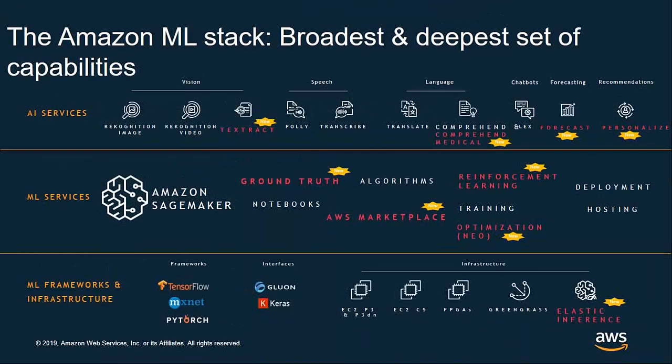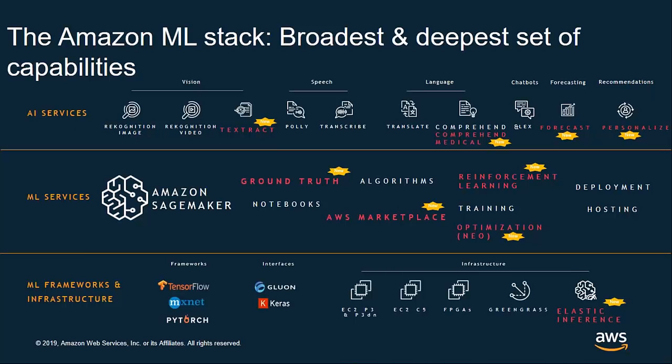Let's first start by understanding the various machine learning capabilities in AWS. Our goal is to put machine learning in the hands of every developer and data scientist. And as you can see, our capabilities can be divided into three layers. At the very bottom, we have a great selection of frameworks, interfaces, and the latest hardware that you can use for machine learning.